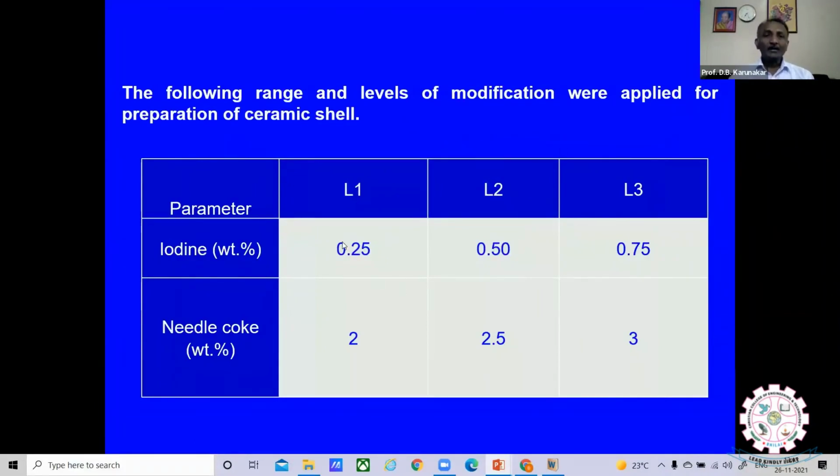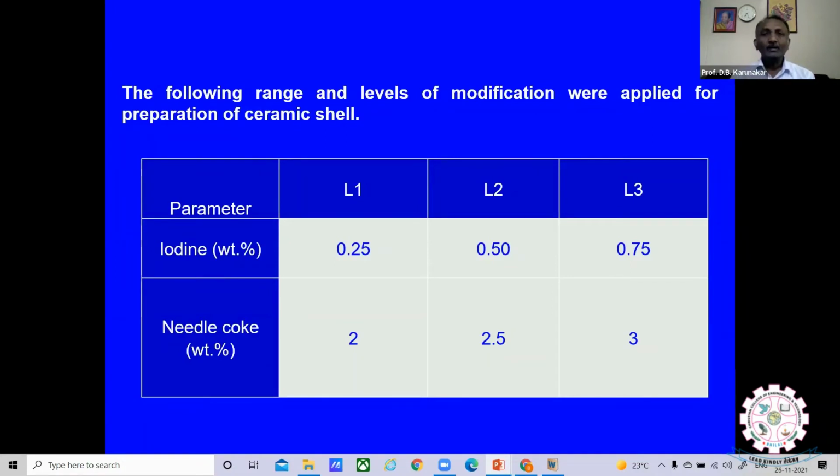Now we have taken three proportions. You see, iodine at 0.25 percent by weight, another stage 0.5%, and another stage 0.75%, and needle coke 2% by weight, 2.5% by weight, and 3% by weight.